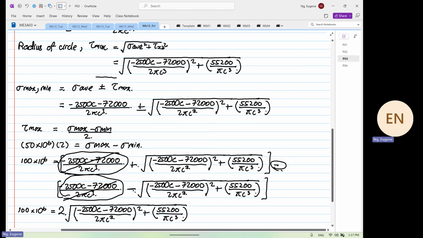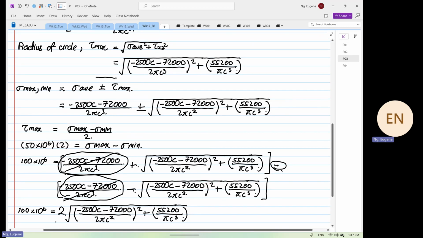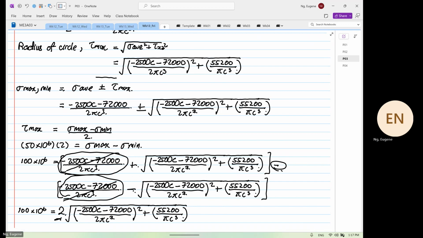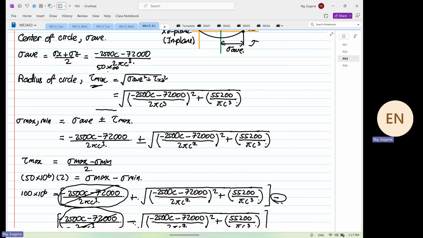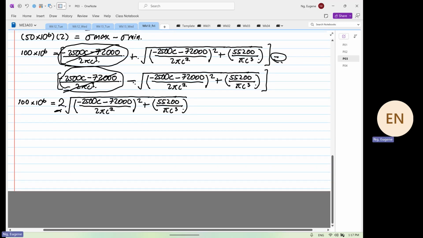No, you cannot jump to there because you don't have a 2 down here. Because over here, if you just use this formula down here, it is 50 times 10 to the power 6. You don't have the 2. Oh, wait, cancel out? Oh, yeah, you cancel. I'm just very focused down here.